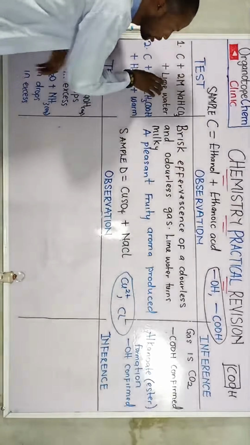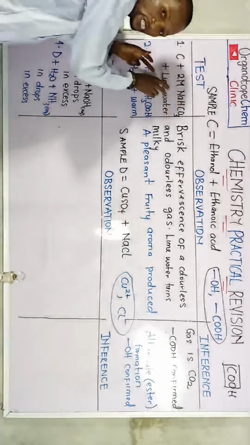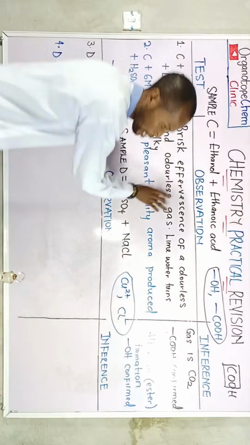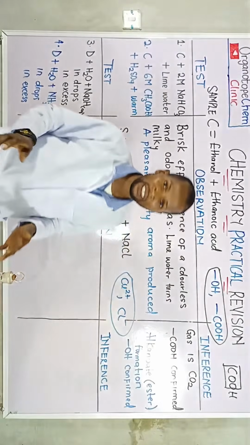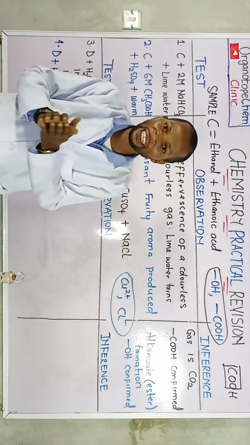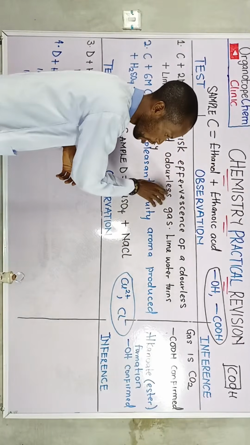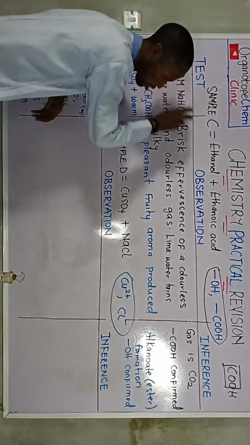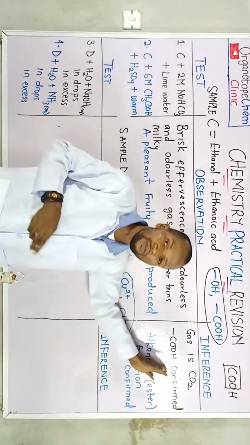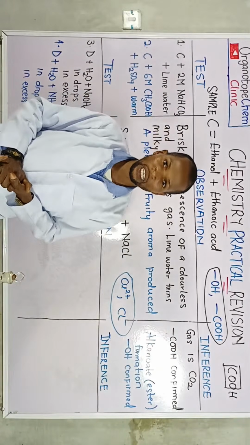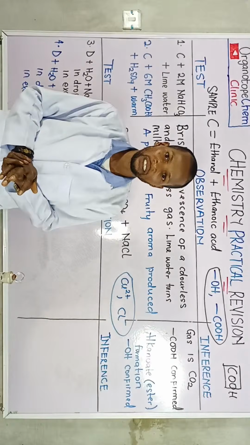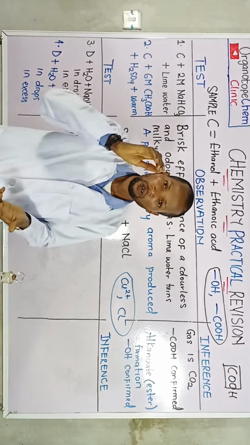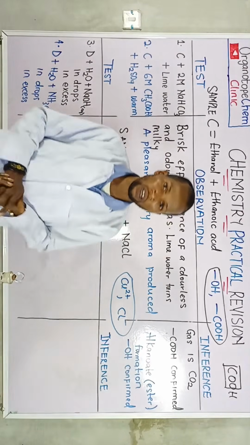When you put the lime water before sodium hydrogen carbonate, even if your observation and inference are correct, the final answer will be wrong because the test is wrong. The observation will be marked wrong, and the inference also will be marked wrong. Is that okay? So a wrong test will lead to wrong observation and wrong inference.